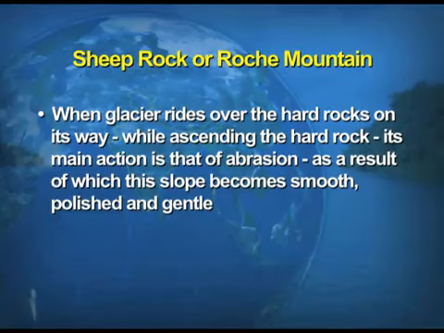Now, we take up another feature which is known as a sheep rock. So, children, why is this feature known as a sheep rock? Like a sheep looks from the top with the wool on its back, the same type of feature is formed, which is known as a sheep rock. When the glacier rides over the hard rocks on its way, while ascending the hard rock, its main action is that of abrasion.